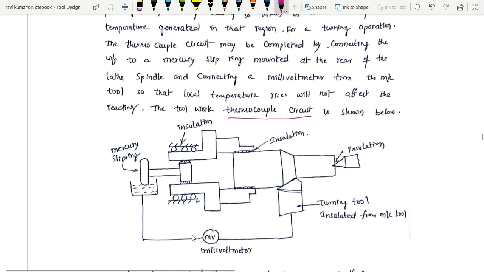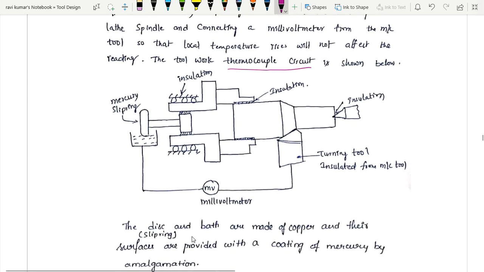One may understand that the work material behaves as metal A. The tool material behaves as metal B. So the contacting region is nothing but your hot junction.